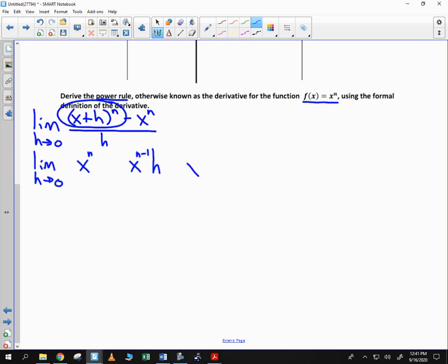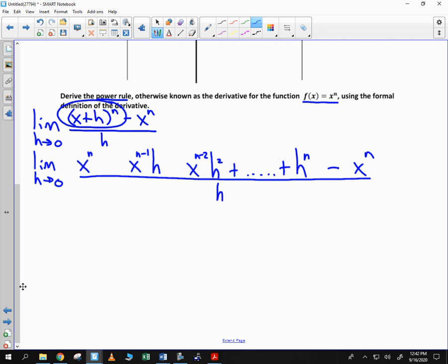And then we'll have x to the n minus 2, and we'll pick up an h squared. So on and so forth, until at the very end you get an h to the nth, and then minus x to the nth, and that will all be over h.